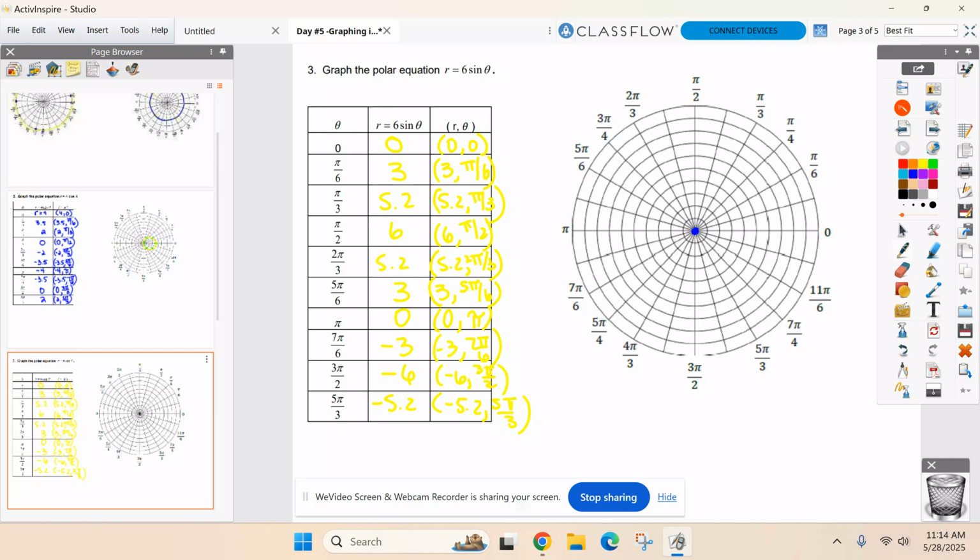Went too far. 5.2, 5. 6. 2 pi over 3. Back to 0. And I believe we start repeating after that, right?